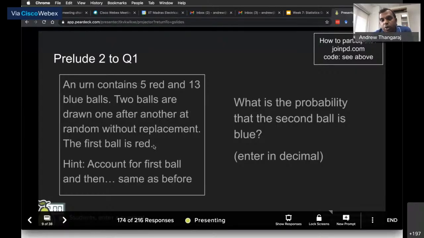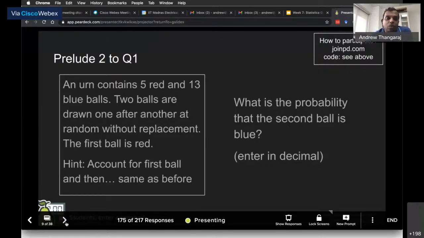That's given to you. So in a question like this, when something is given, the first ball is red, there's no choice in the first ball. It's red. There's no probability there. So I guess the ambiguity was because of that. You got confused by that, and you put in a probability for that also. I don't want you to put a probability for that. That's given already. And the question is asking about whether the second ball is blue.